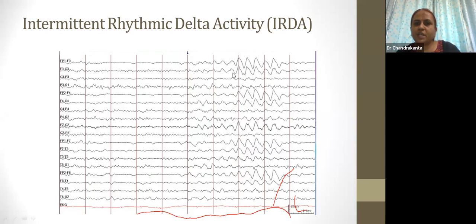If it is in the frontal area, it is FIRDA. If it is in the occipital area, this is OIRDA. And if it is in the temporal area, TIRDA. Intermittent rhythmic delta activity we can find in cases of encephalopathy.